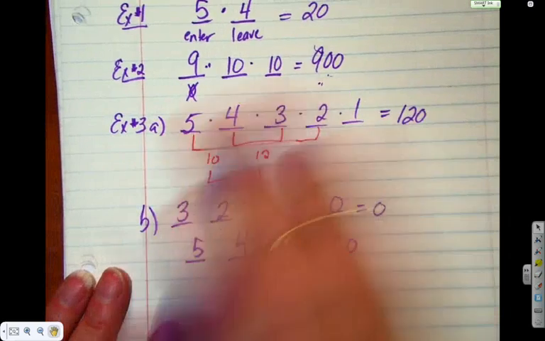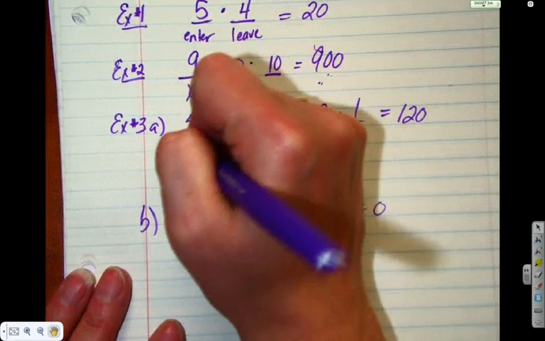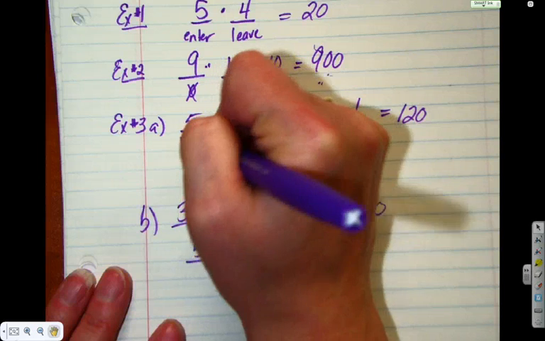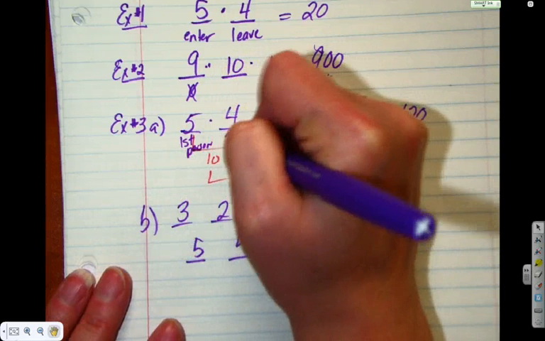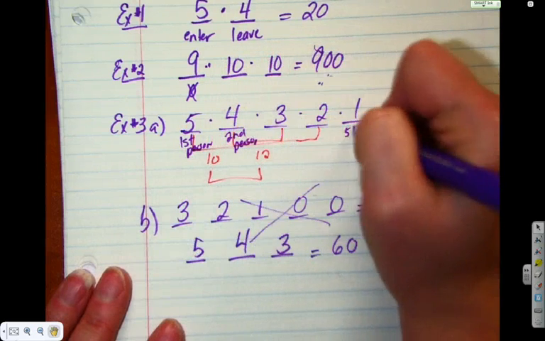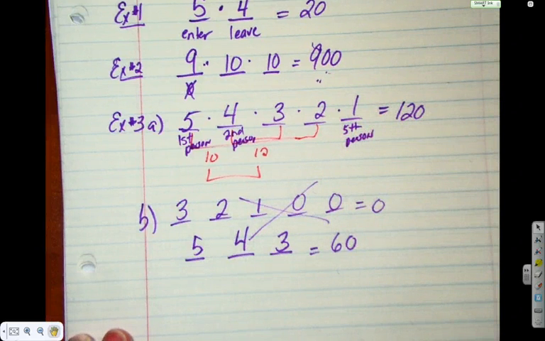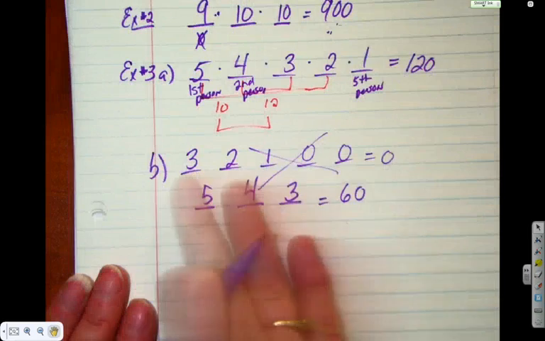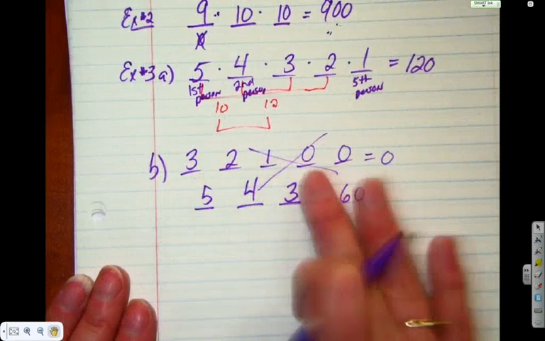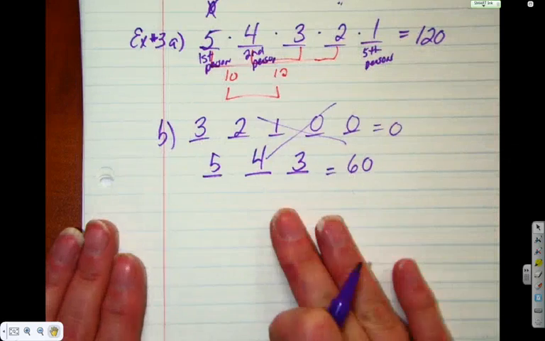So up here, going back to A, this represented the first person, the second person, all the way down to the 5th person. Because that didn't work here, because we're going to end up with that 0, we switched it, used the lower number of blanks.